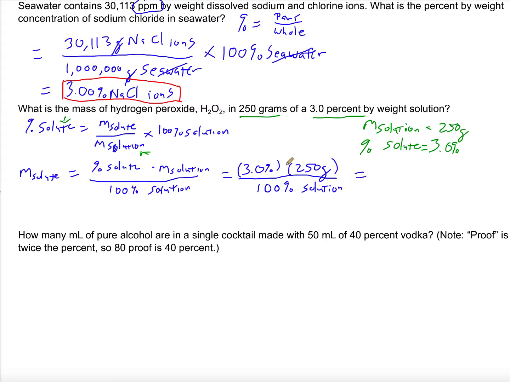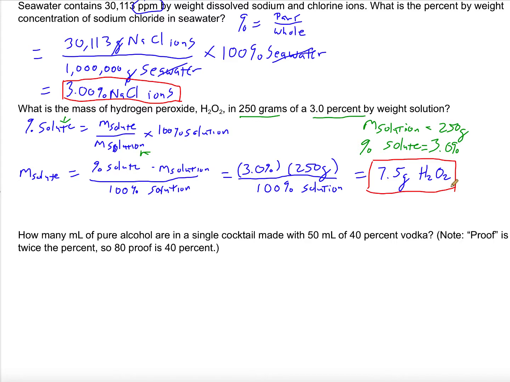If we multiply those out and divide by 100, we find that it is 7.5 grams of hydrogen peroxide, H2O2. So that is our answer: 7.5 grams of hydrogen peroxide in that solution.